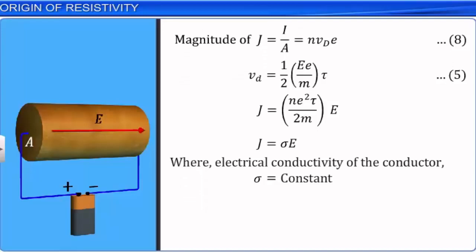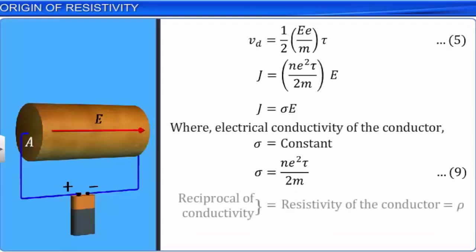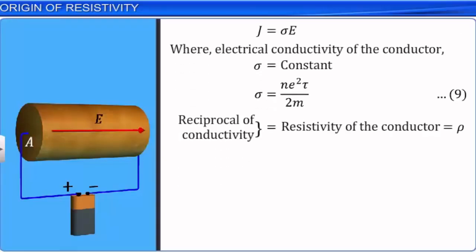Let this be equation 9. The reciprocal of conductivity is called the resistivity of the conductor. It is denoted by the Greek alphabet ρ. From equation 9, resistivity ρ is equal to 2m by n e square tau. Let this be equation 10.